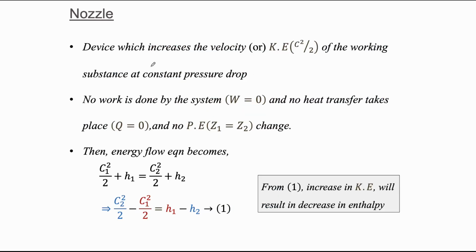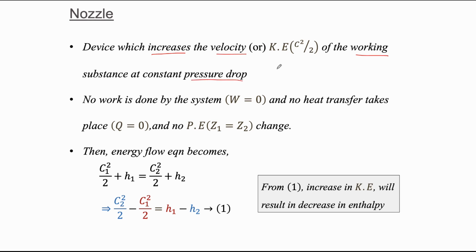drop. When we apply the steady flow energy equation to a nozzle, we need to understand the thermodynamical changes happening in a nozzle. Once again, the device increases the velocity of the working fluid at constant pressure drop.